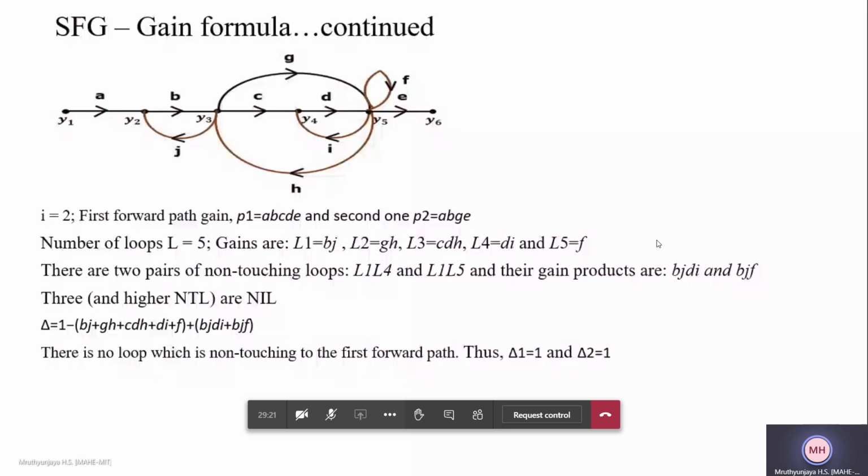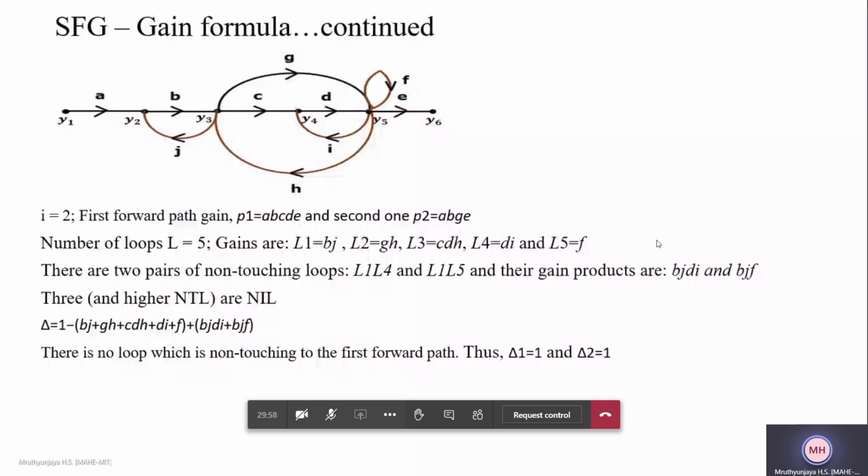Now look at delta. Delta equals 1 minus BJ plus GH plus CDH plus DI plus F plus BJDI plus BJF. Now you see the forward path 1 is A, B, C, D, E. To find out delta 1 in the above delta equation, if P1 is touching any of these loops, eliminate it. So delta 1 equals 1 minus BJ.